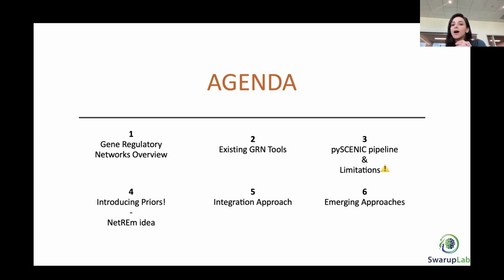Then I'll talk about how introducing priors can help guide the GRN reconstruction in a more biologically relevant way, and how we use this other tool called NetREm to complement the SCENIC results. That'll be step 5, where I'll show how I integrated both of those methods. And then the last step is more about diverging from these classical ways of inferring GRNs and more about the deep learning models that are all hot these days.